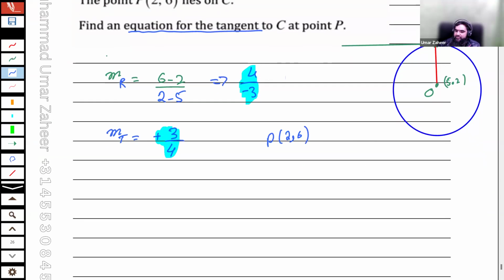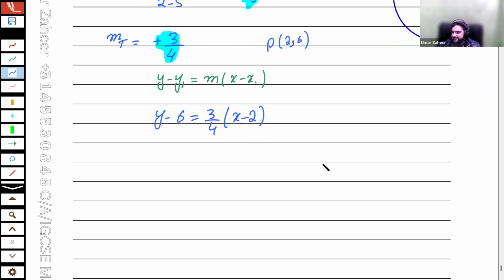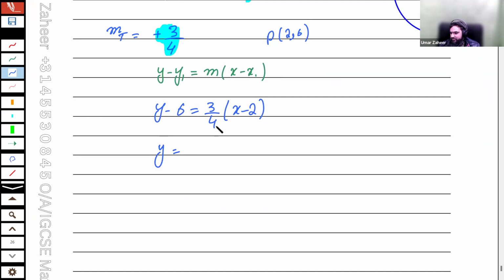So we have to use the formula y minus y1 is equal to m times (x minus x1) to find the equation. So y1 is 6, the gradient is 3 over 4, and x1 is 2. So y minus 6 equals 3 over 4 times (x minus 2). 3 over 4 x minus 2 times 3 over 4, that is 3 over 2.